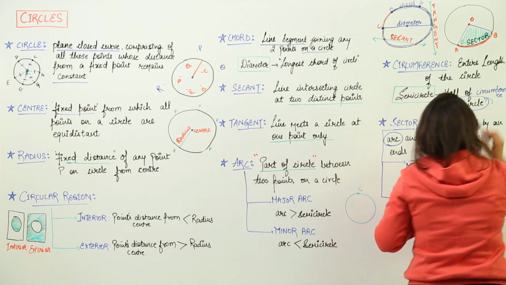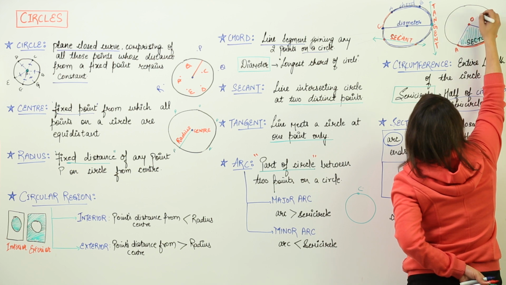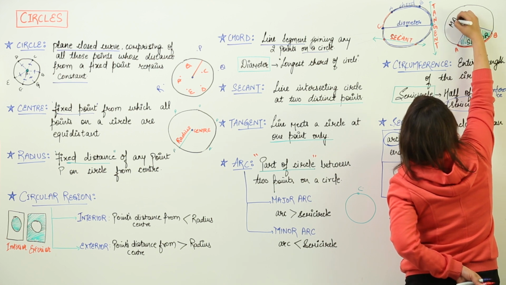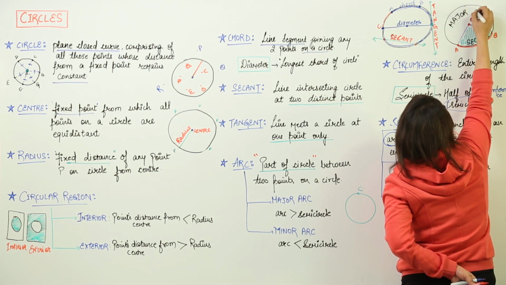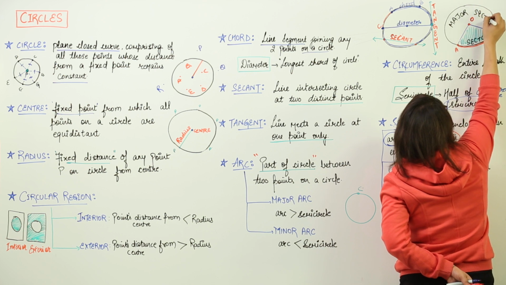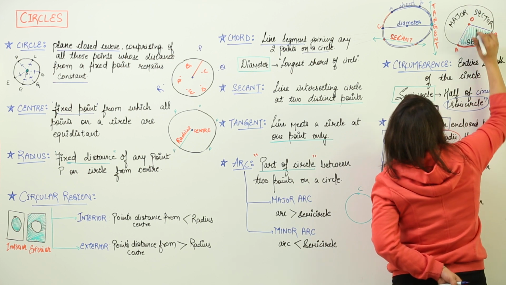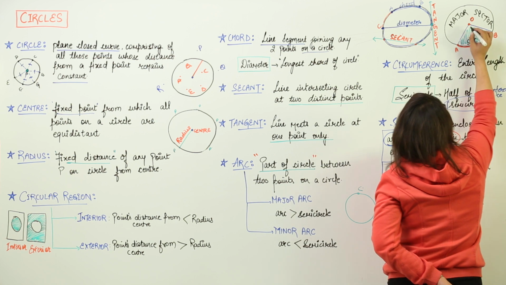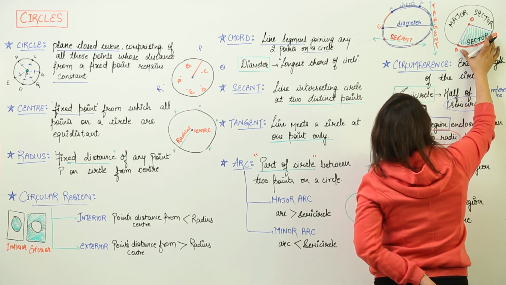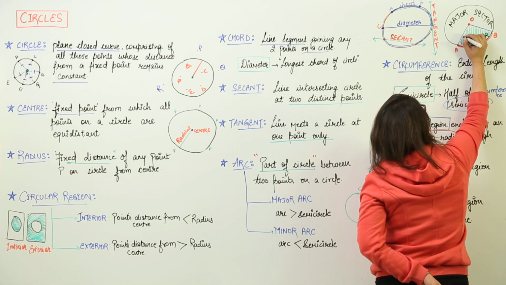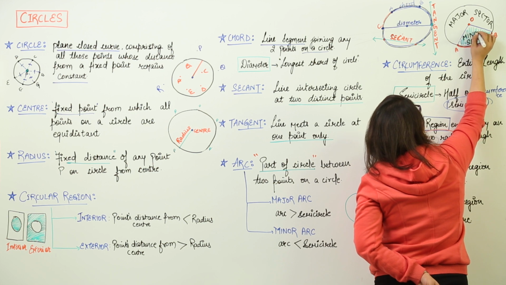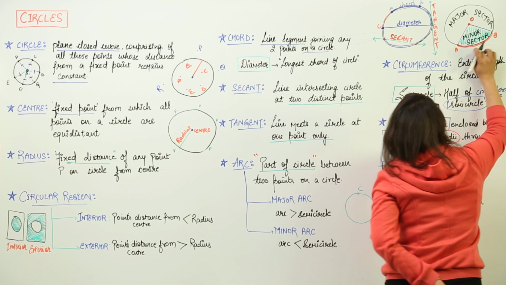So we can write over there that this, the unshaded portion, is your major sector, whereas the lower portion, the one that has been shaded, has the arc and the two radii, so it represents the minor sector because it consists of the minor arc.